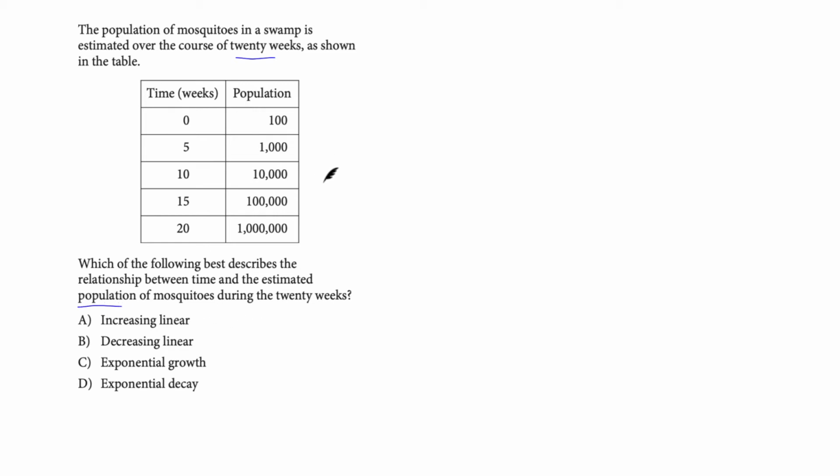Remember I told you, whenever you come across words like population, bacteria, enzymes, compounding, and similar other words, we are looking at an exponential function and not a linear function, because the population increases or decreases exponentially. So you can definitely eliminate the first two options. It's not linear.